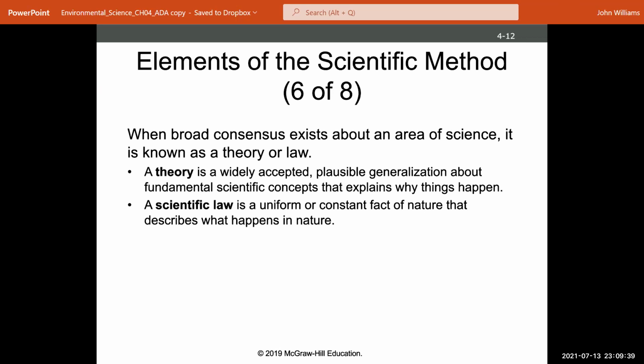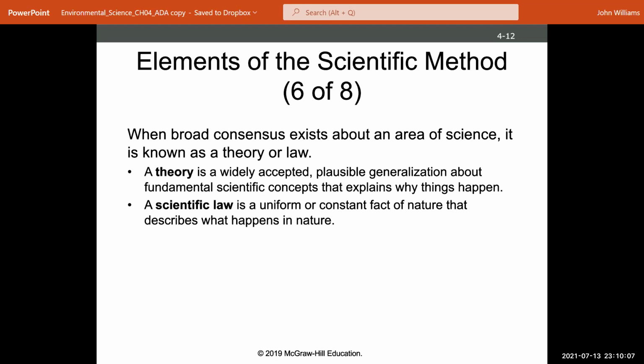A hypothesis is only made from one observation, and it is an educated, rationalized way to go about explaining your observation.